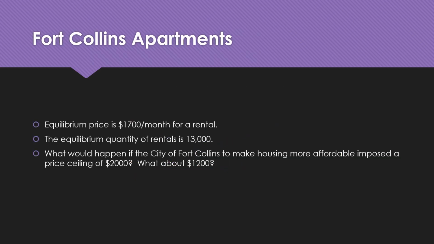As I mentioned before, equilibrium price is $1,700 a month for a rental. The equilibrium quantity is 13,000. We've determined that nothing will happen at 2,000, but something will happen at 1,200. If we take our original equation, we know that quantity supplied is going to dictate the new level of quantity at $1,200. So we can take our quantity supplied equation from before, which was 10p minus 4,000.